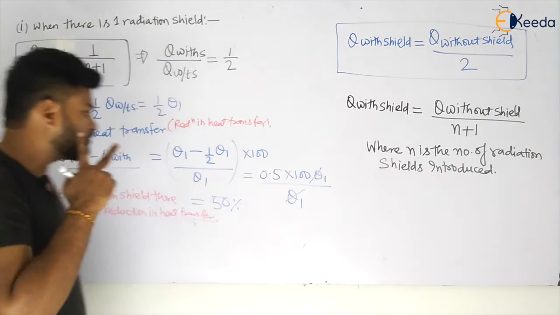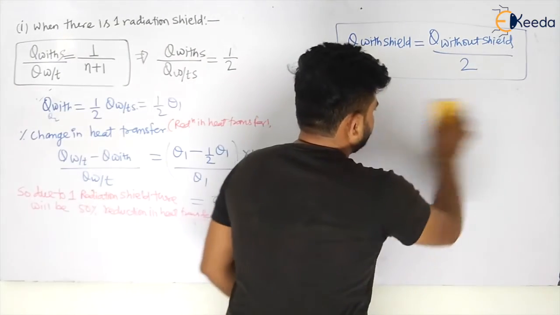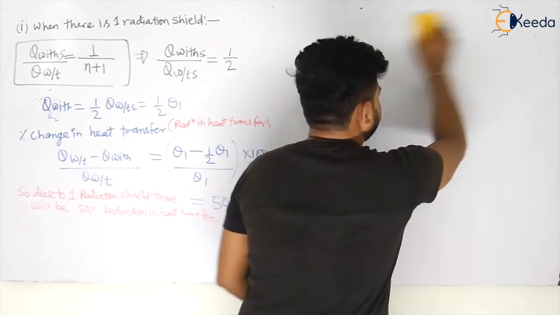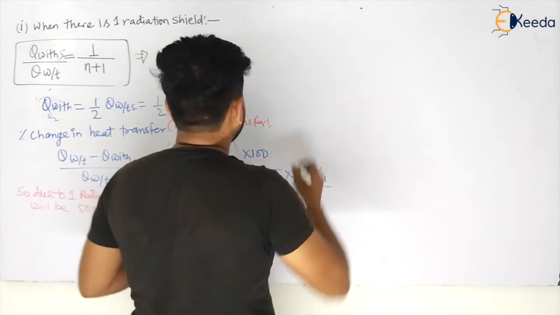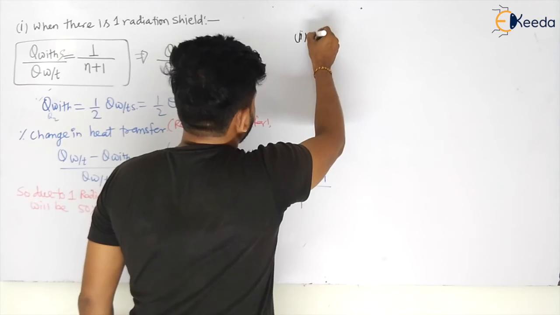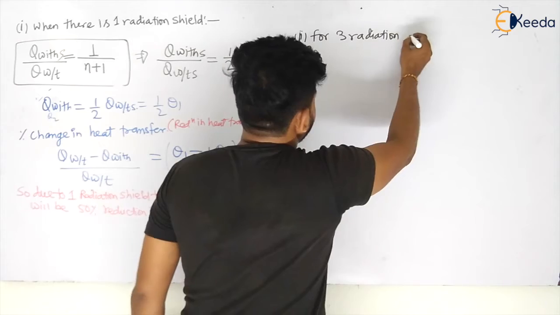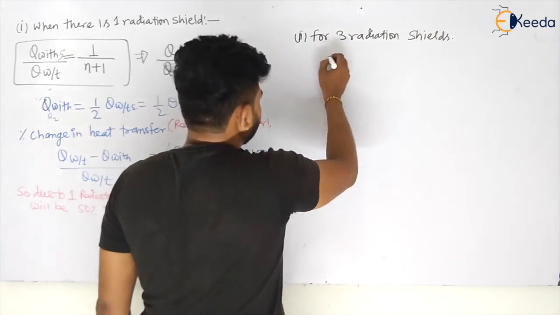Now, if I introduce 3 radiation shields, let us say for 3 radiation shields, what will it become? Let us fill this. So for 3 radiation shields, that is case second, what will be the reduction in heat transfer?